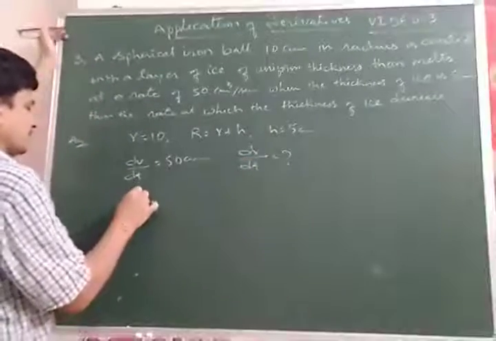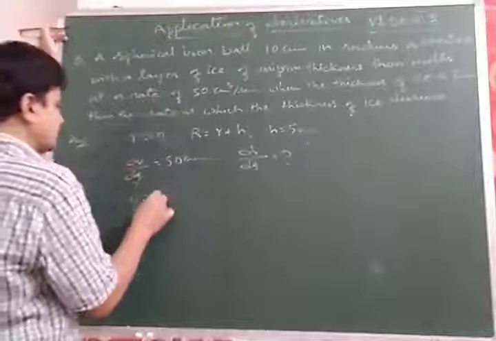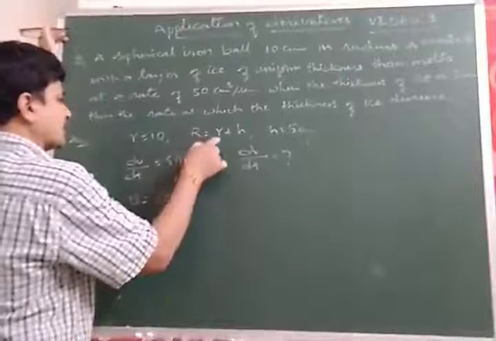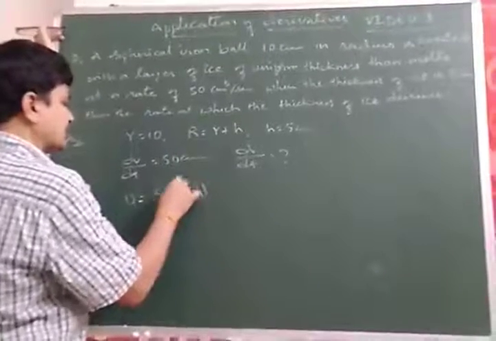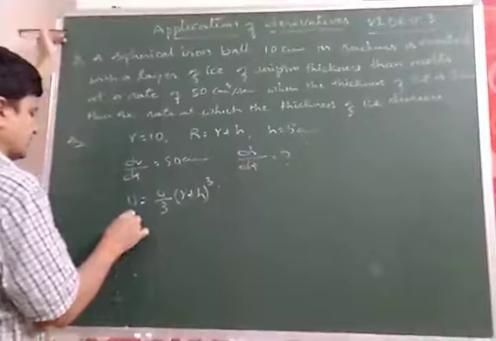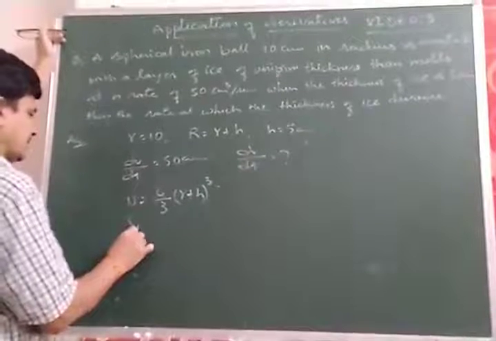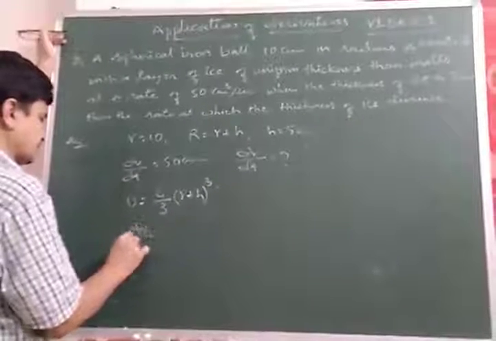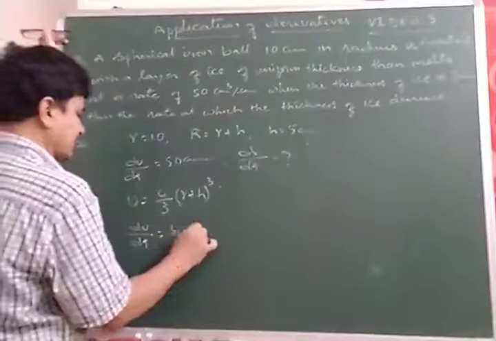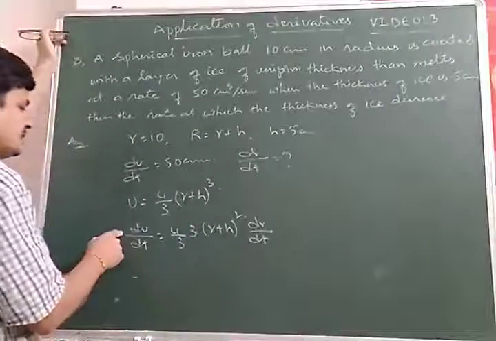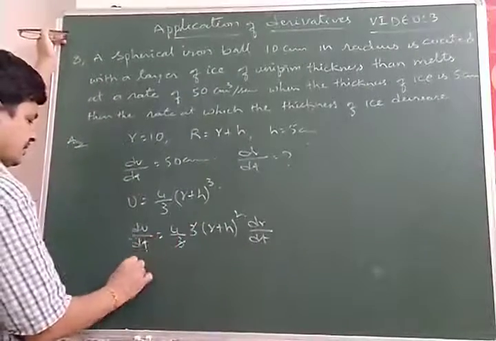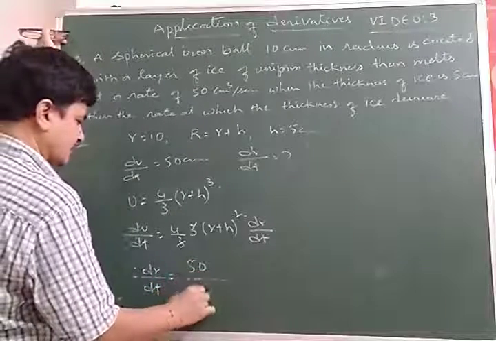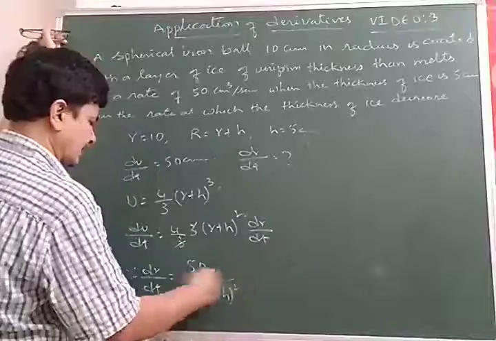Volume of the iron ball is 4 by 3 pi R cube, where capital R cube is (small r plus capital h) whole cube. Then the rate of change in volume dV by dt is equal to 4 by 3 pi into 3 into (r plus h) whole square into dr by dt. We know that this is 50. So dr by dt is equal to 50 by 4 pi into (r plus h) whole square.